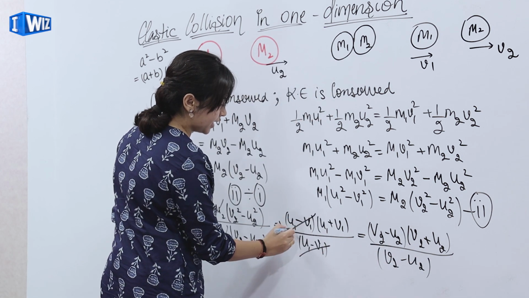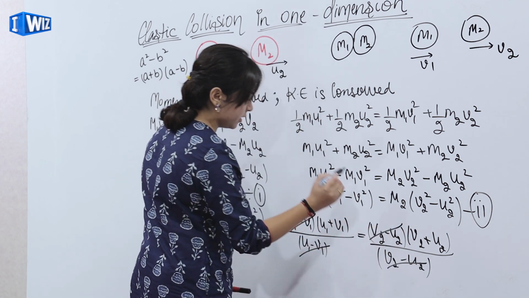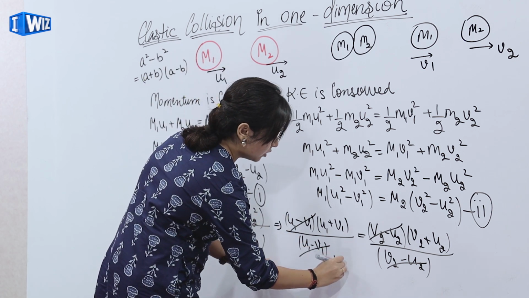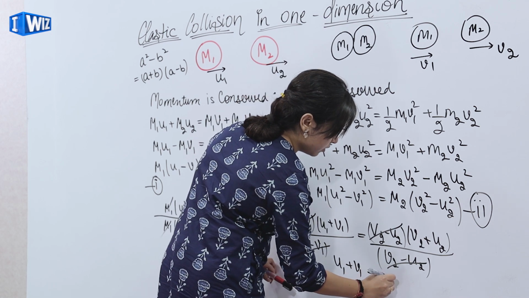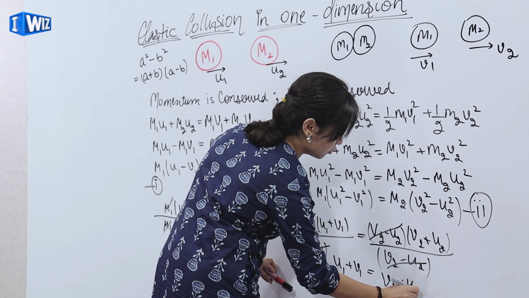So here this will cancel out and I am left with u1 plus v1 is equal to v2 plus u2.